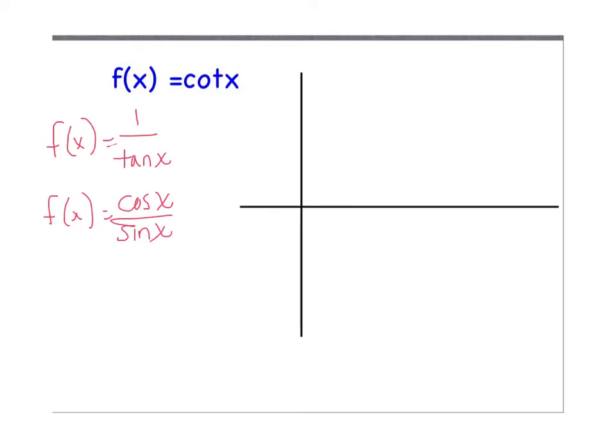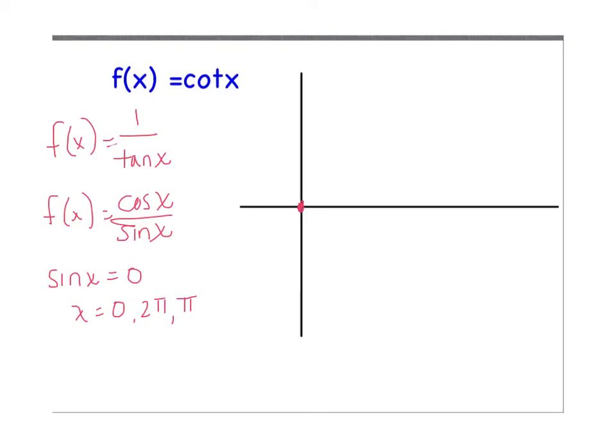So the asymptotes are going to be where sine is equal to 0. Well, sine is equal to 0 at 0 radians, pi, and also 2 pi. So that's where your asymptotes are going to be.